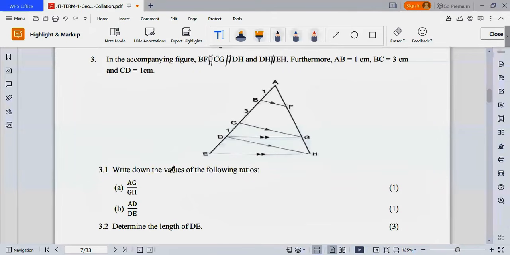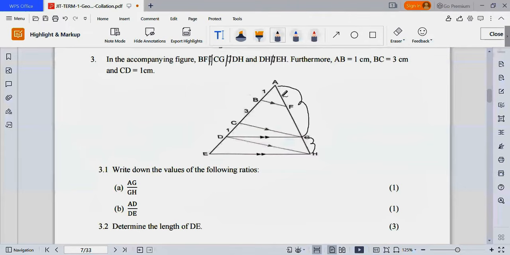AG over GH. So now we're going to identify AG and GH. This is our AG, like this, and then this is our GH. In order to write the ratio for this one, we have to pick the sides from this side here that are in proportion to AG over GH.